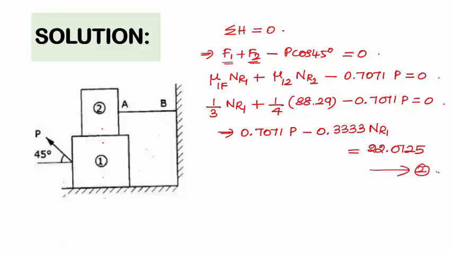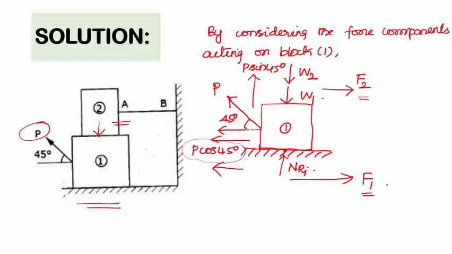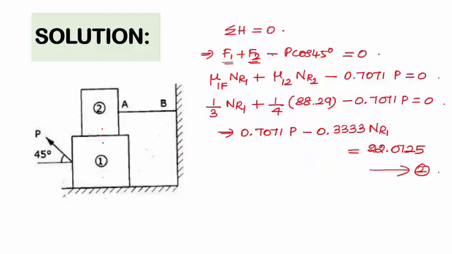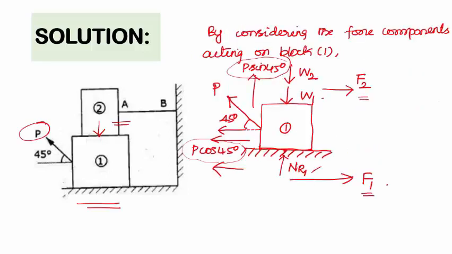Now we can apply the second equilibrium condition for the forces acting on block 1, that is summation V is equal to 0. Here the normal reaction force NR1 and this vertical force component of the subjected force P, that is P sin 45 degree, are acting along the positive y-axis direction. So NR1 plus P sin 45 degree. Next, the weight components of blocks 1 and 2, that is W1 and W2, are acting along the negative y-axis direction.